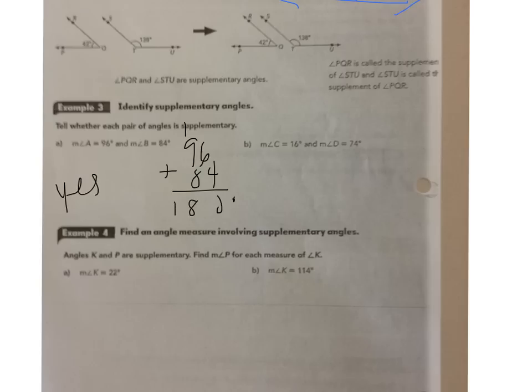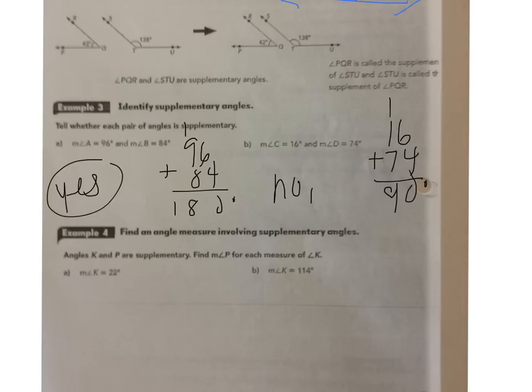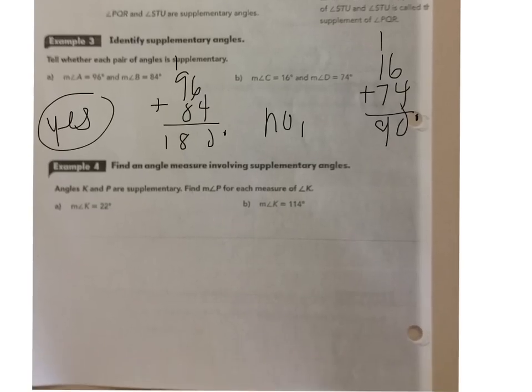So yes, they are supplementary. Okay, so you go ahead and try the next one, B. I'm going to pause it, you're going to try it, and then we'll go over it together. Okay, so for the second one, you add them together, 16 and 74, and you get 90 degrees. So those two angles are complementary, but they are not supplementary. And the question asked if they were supplementary, so you would say no.